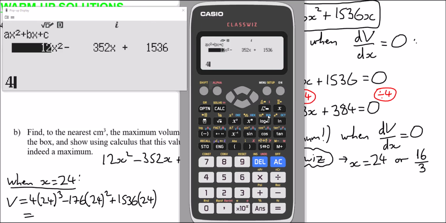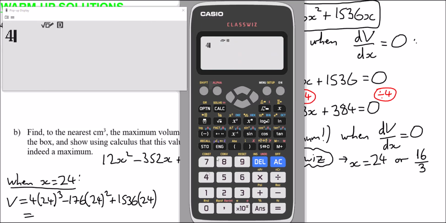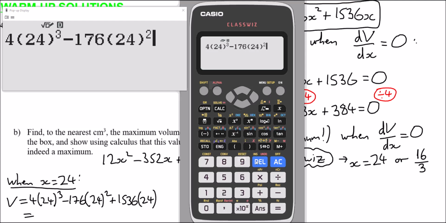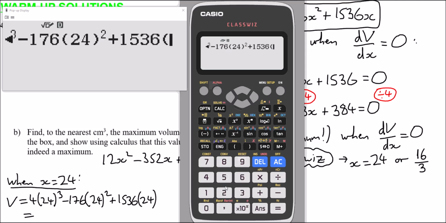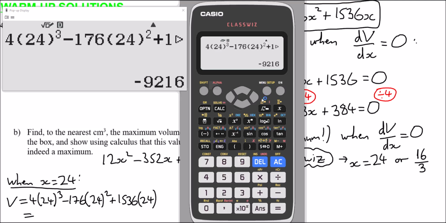So 4, oops, change the mode to normal mode. So 4 lots of 24 cubed minus 176 times 24 squared, then plus 1536 lots of 24. Press equals. We get a minus value, minus 9216.